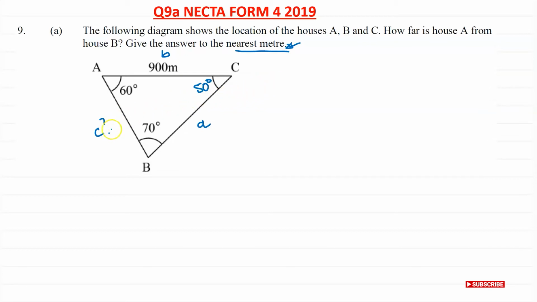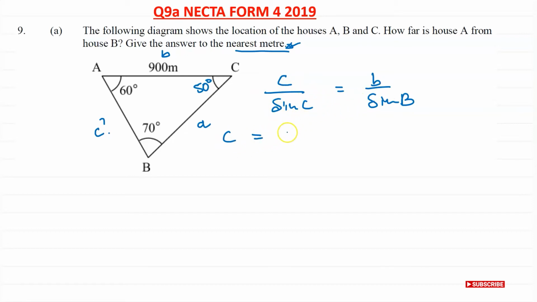Because I'm looking for sides, I'm going to put the sides on top on the left. So I'm going to put c over sine C, because it is easy to rearrange that way. And I'm going to use b, because I've got the side b and the angle B. So b goes on top, over sine B. Now all I need to do is rearrange and make c the subject by multiplying by sine C on both sides.